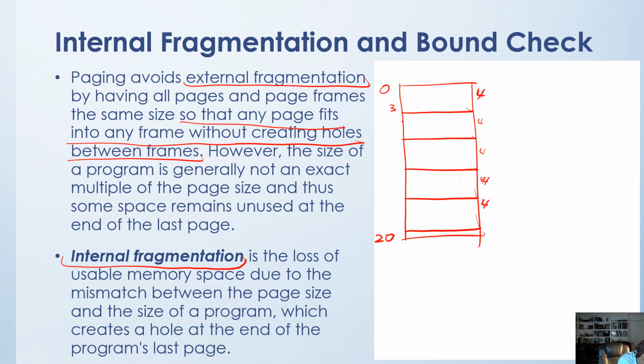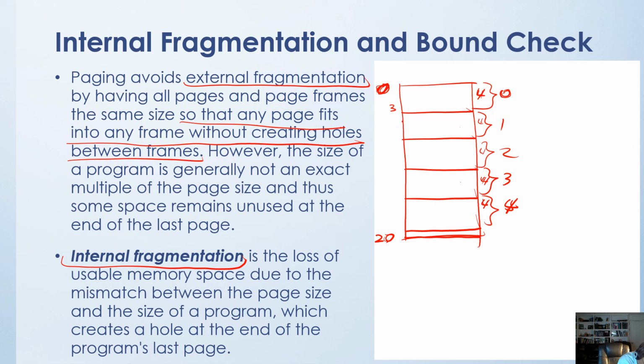That's a total of 20. Because it's from 0 to 20, it's 21 addresses. So with 5 pages, page 0, page 1, page 2, page 3, page 4, these 5 pages are going to cover a total of 20 logical memory addresses. And the last one, 20, is the 21st memory address, because remember it's starting from 0.